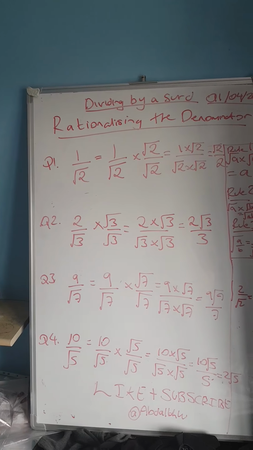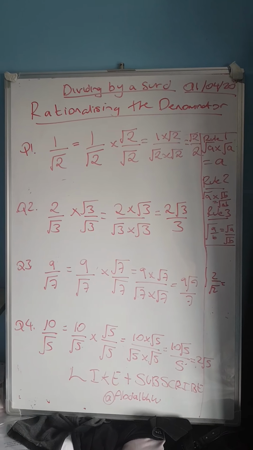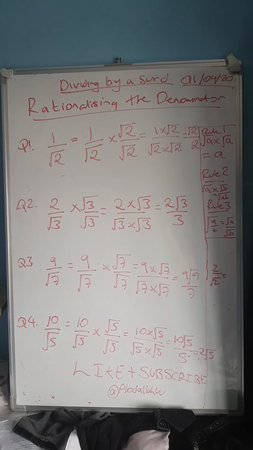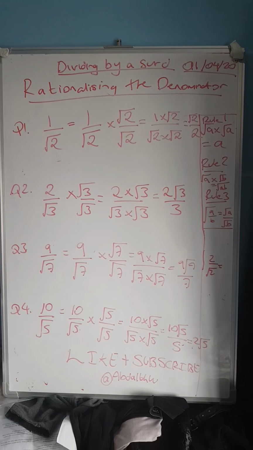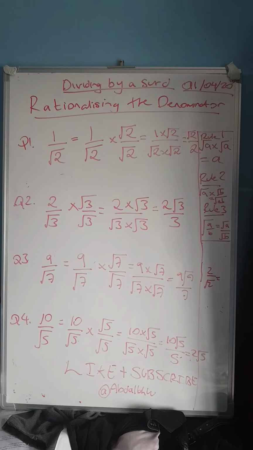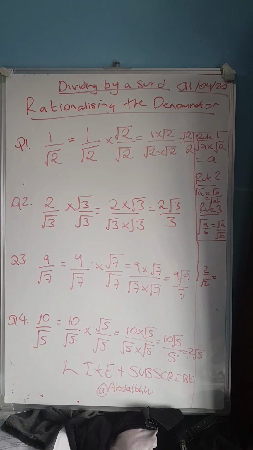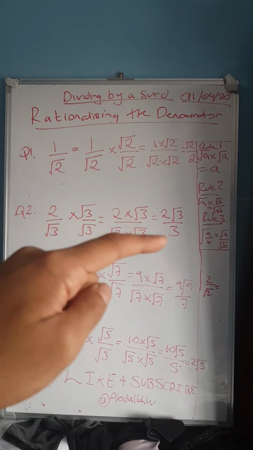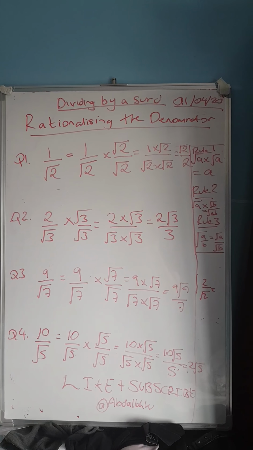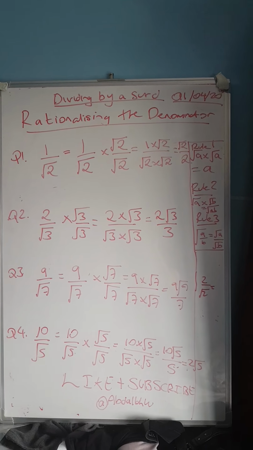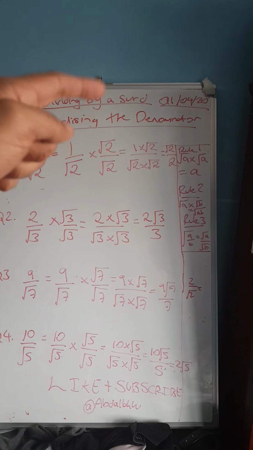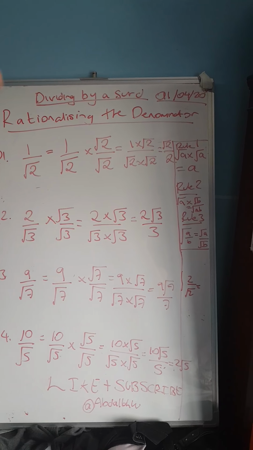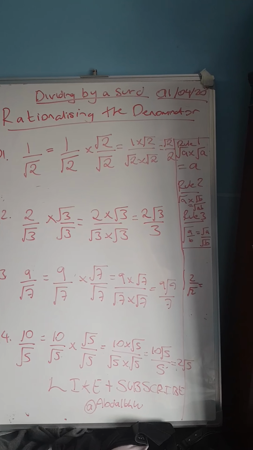There's a bit of history behind this which I'm not going to delve into, but many years ago we didn't have access to calculators, so this is the process that we do without using our calculator. Root 2 divided by 2 is much easier to deal with as opposed to dividing by root 2.